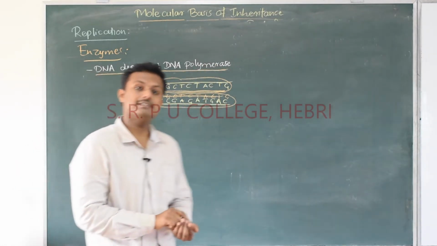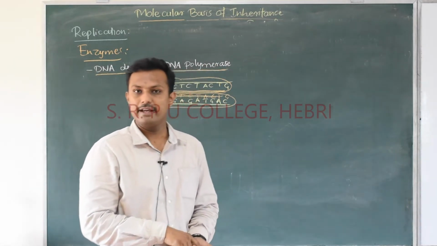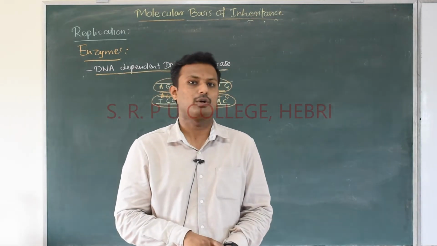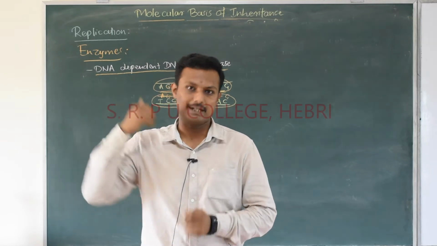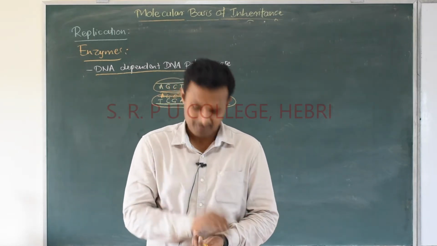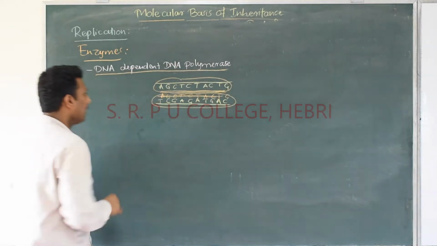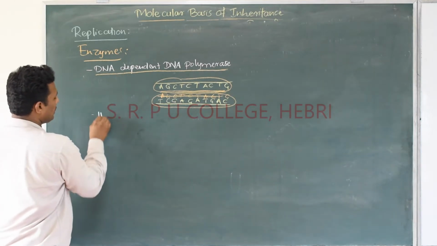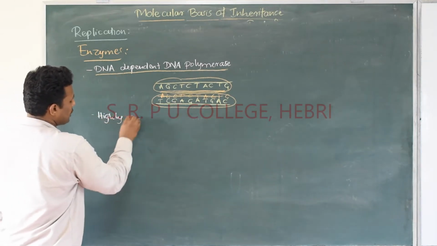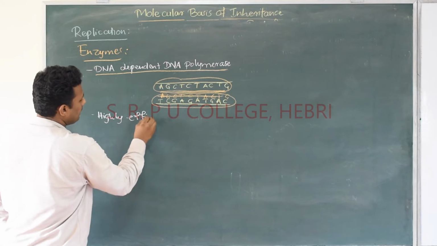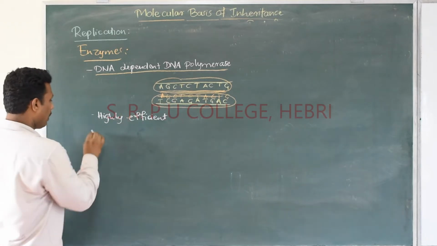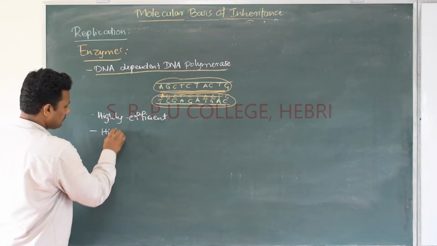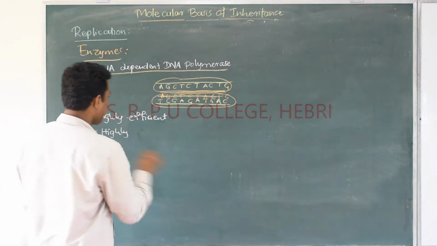While learning about this enzyme, we will come across certain important characteristic features that we need to understand. The first feature is that it is highly efficient. The DNA dependent DNA polymerase is highly efficient and also highly specific.